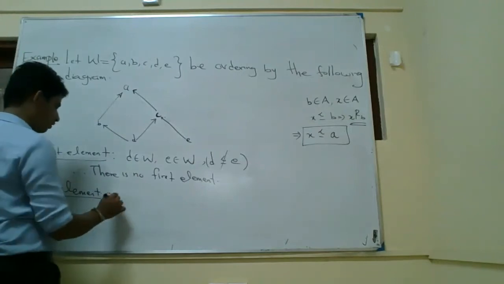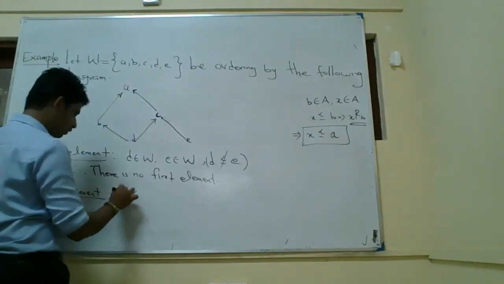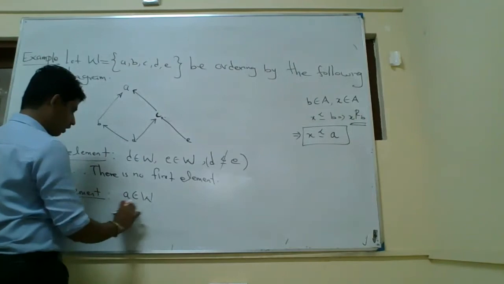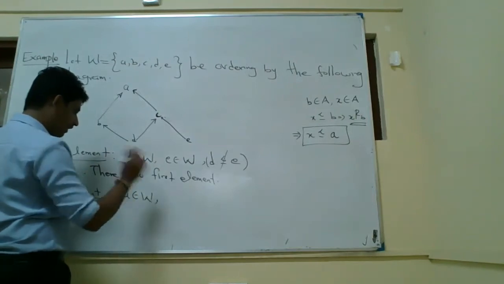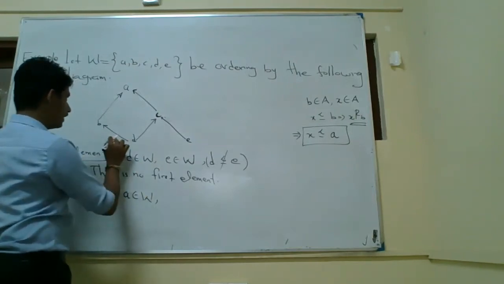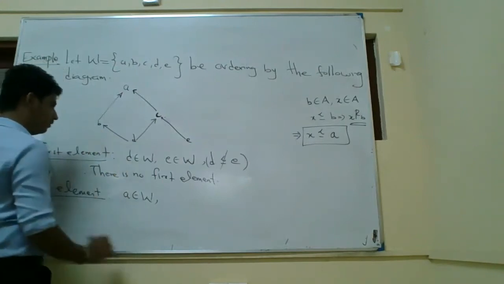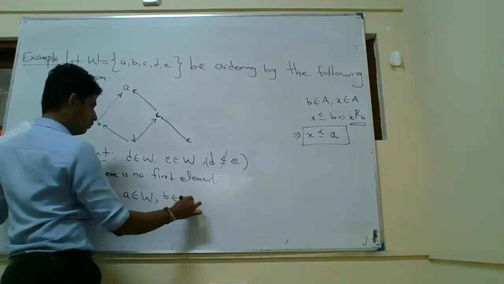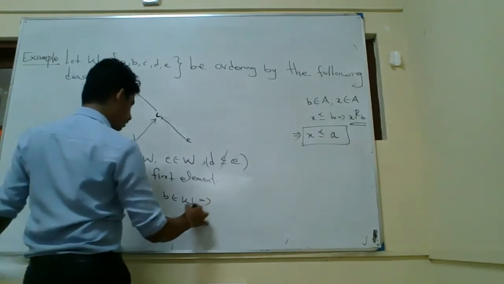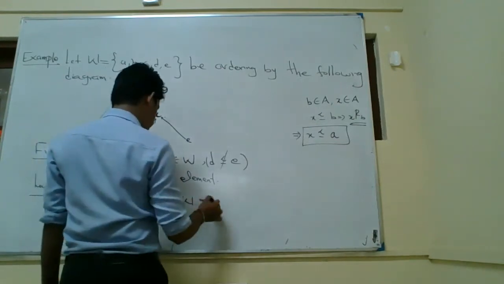Suppose you take A belonging to W as your last element. Then you can take any elements. First of all you take B. B belongs to W. Is it possible? Yes, it is possible.